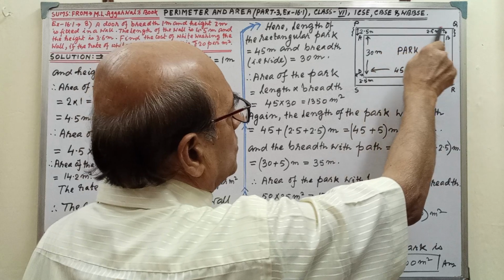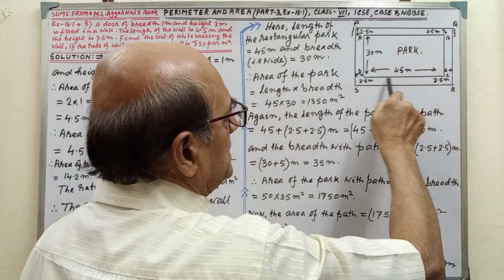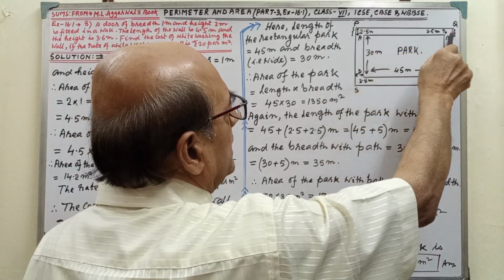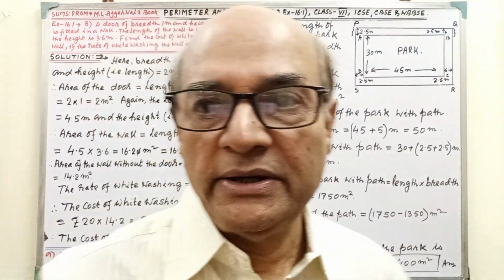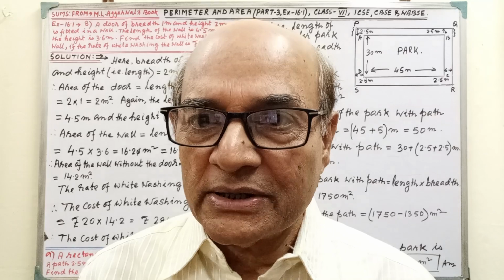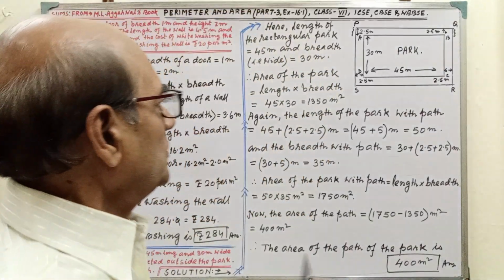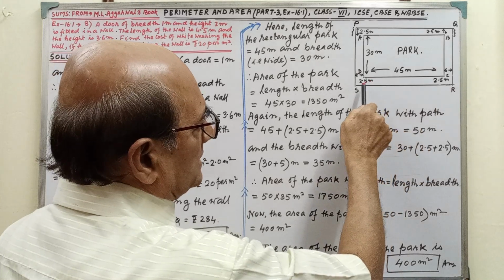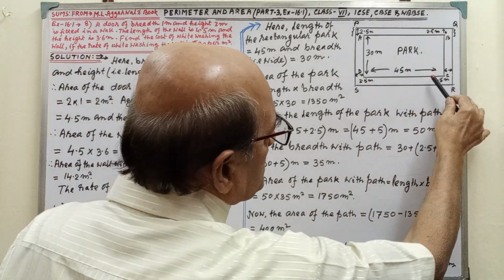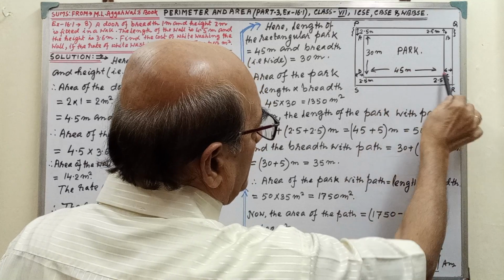Finally we have to find out the area of the path. A path 2.5 meter wide is given around the rectangular park. So we have to find out the area of the park with the path. Length of the park without path is 45 meter.